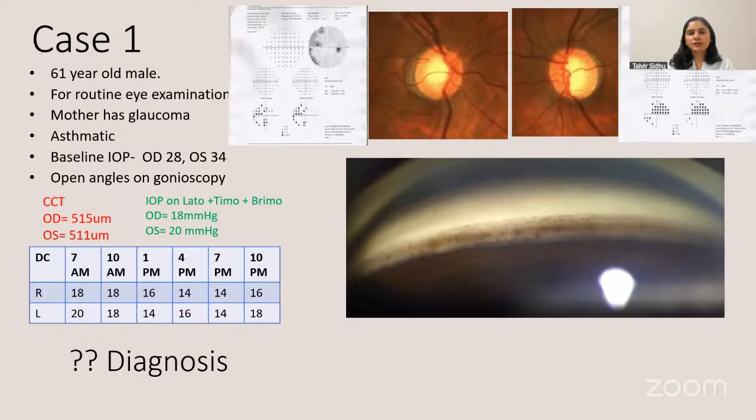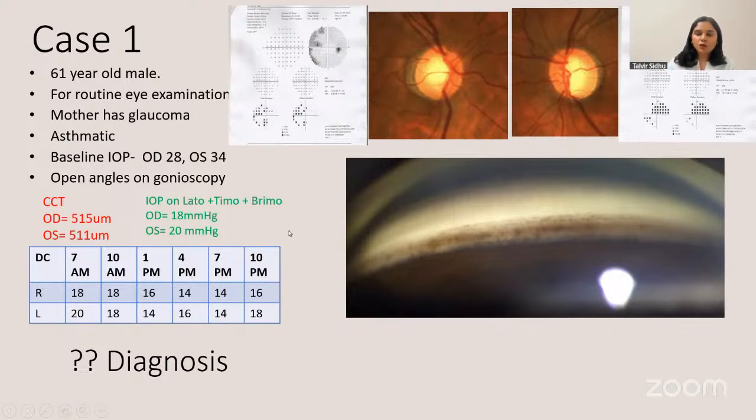And visual fields, there's a peripheral defect on the right side, and for the left eye, there is an arcuate defect, which is respecting the horizontal meridian. Right.